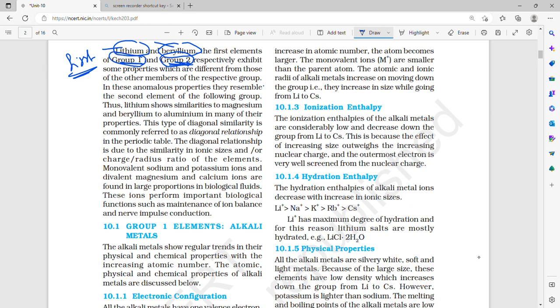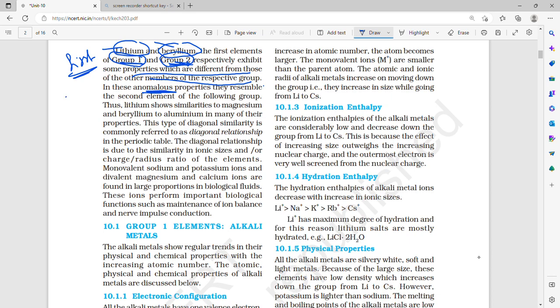So lithium and beryllium are the first elements of group 1 and group 2 respectively, which exhibit some properties different from those of the other members of the respective group. These properties are called anomalous properties. Why? Because they are different or not normal.